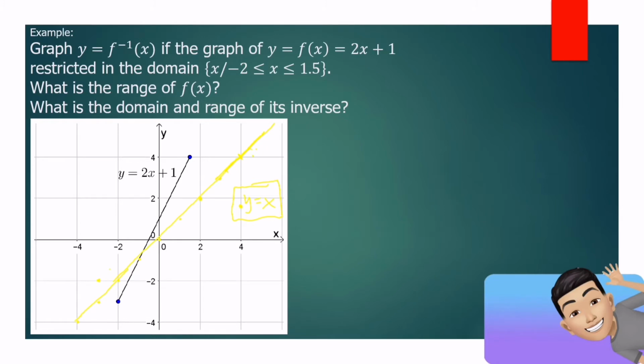Syempre sabi nga sa geometry, 2 points determine a line. So enough na yon. Nakuha na natin yung dalawang endpoint. Pagko-connect na lang natin. Sorry, medyo nahirap gamitin.